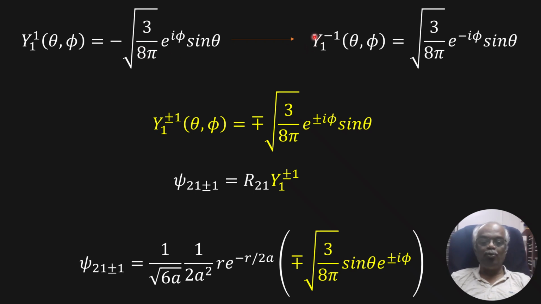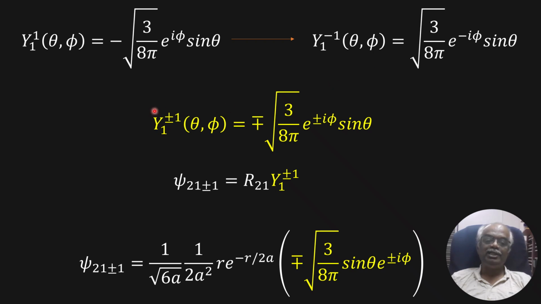What about Y1 minus 1, which is a function of theta and phi? In this case, this minus will become plus. Plus square root of 3 over 8 pi, and this exponential term will become minus, e power minus i phi sine theta. This I have explained in my lecture.